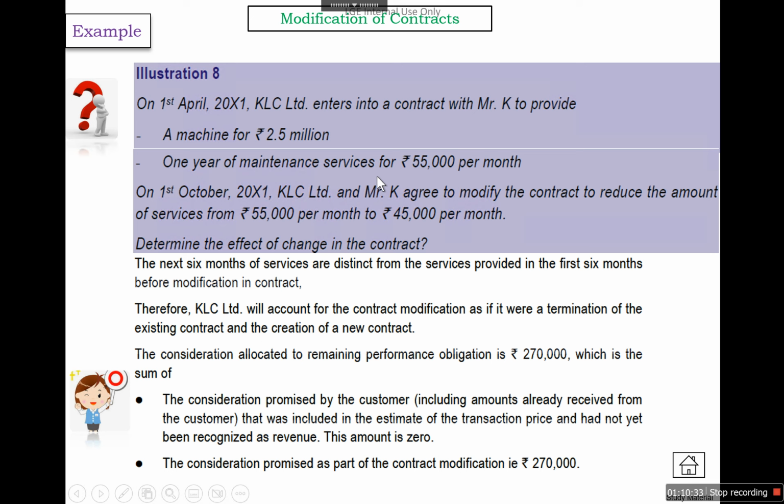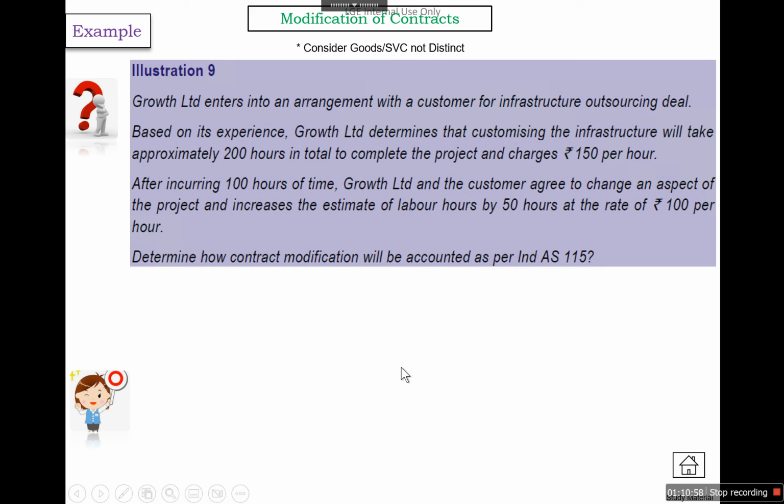So 6 months of services have been provided and the next 6 months are different from the earlier 6 months. So if it is for distinct goods and not at the standalone price, in that case we need to treat it as a termination of the old contract and creation of a new contract. So the prospective adjustment will be done.